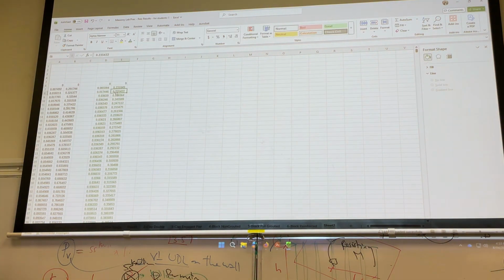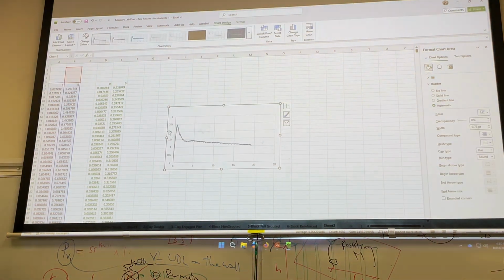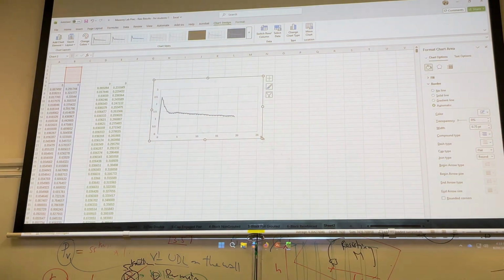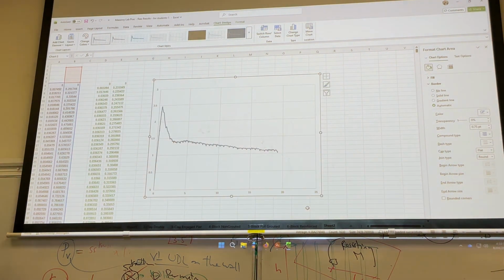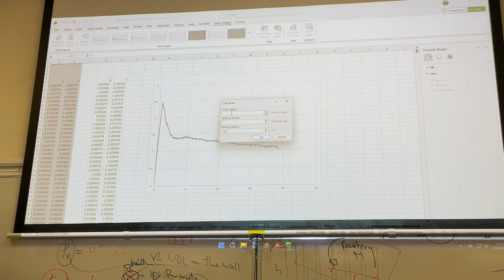After you finalize the 6 walls, you need to draw a graph to add them all in the same graph. Do you know how to add more series to the same graph? Yes, you go to plus, select the data, add. Then you can add the name, for example, wall 6. Then select this data.